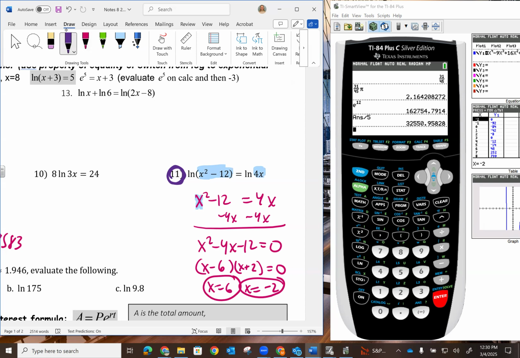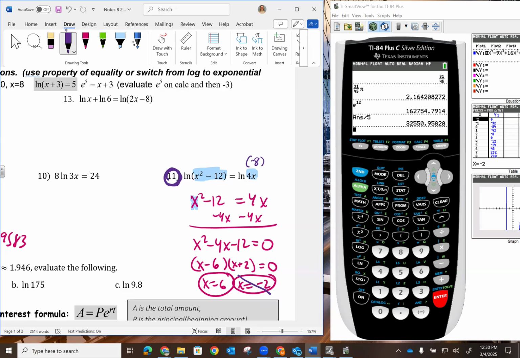I look and see, does either of your answers make either argument 0 or negative? The -2 will make this argument to be -8. That's a problem, so we throw away that second answer. Any questions on that?